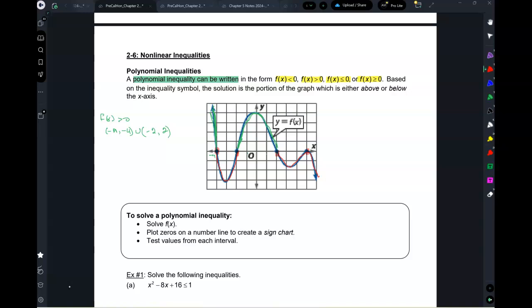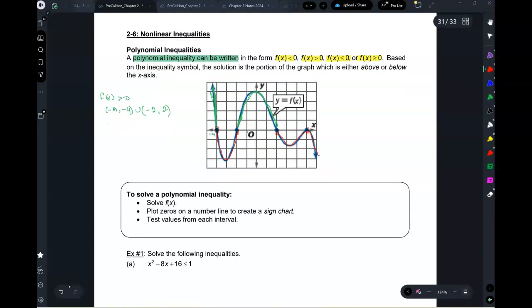Now, here we have a little bit of a situation. Because if we want to say where the graph is strictly negative, then look at this first region here. The graph f of x is less than 0 from negative 4 to negative 2. Why am I not including negative 4 and negative 2? Because how much is it there?